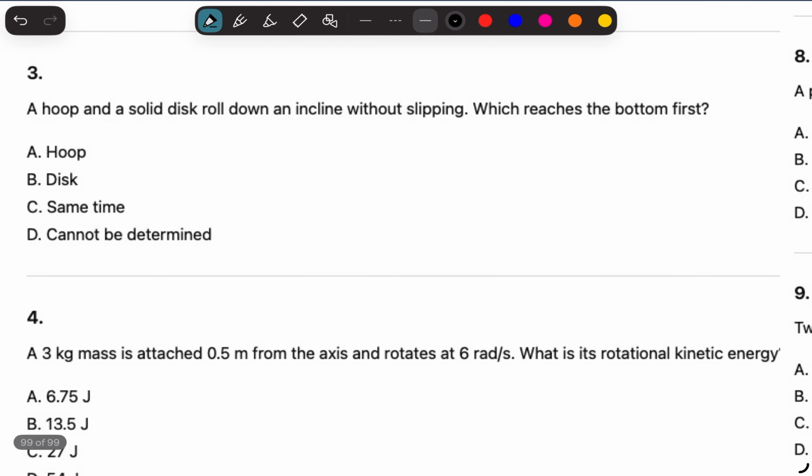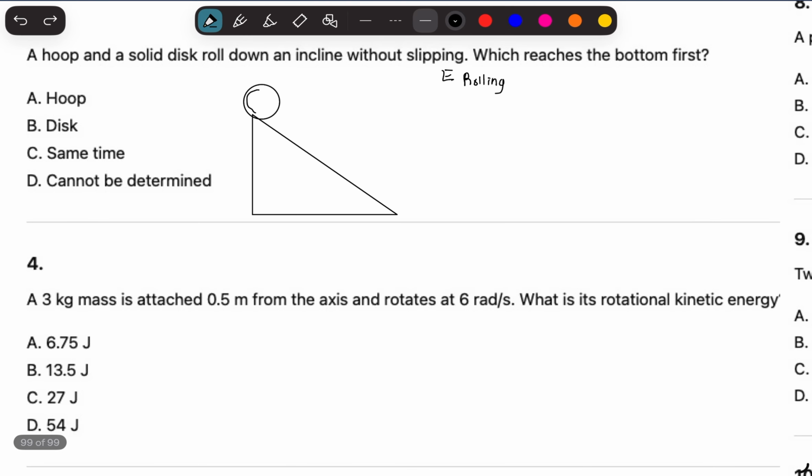A hoop and a solid disc roll down an incline without slipping. Which reaches the bottom first? So for this question, you need to look at your rolling energy. And you have a hoop, and you have a solid disc.